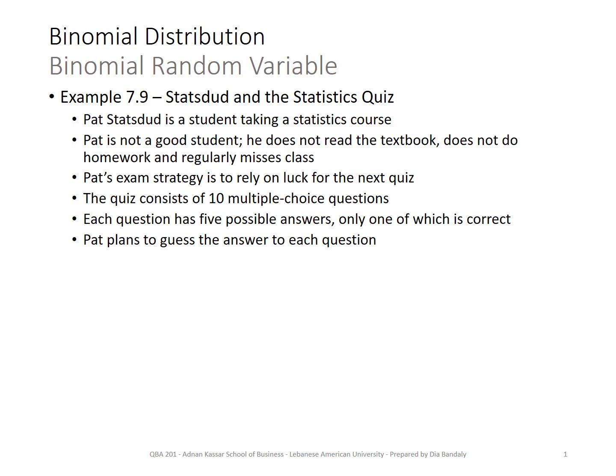Okay, so if Pat will take a quiz of 10 multiple choice questions, and he answers simply by luck, and every question has 5 possible answers, and we know that only one is correct.